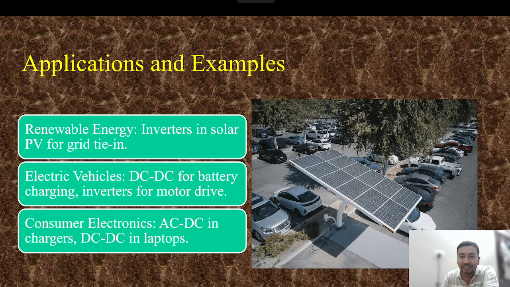So here we are seeing that the power electronic converter is used in electric vehicles, in solar panels, and in other chargers also, like AC to DC in basic chargers and DC to DC in laptops. So there are multiple applications, and everywhere in our life the power electronic converters are being used.